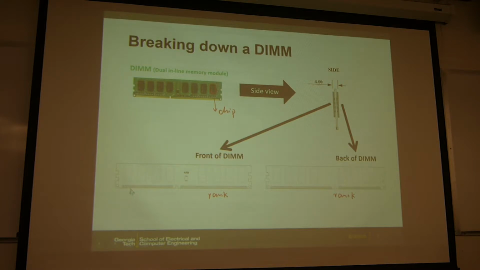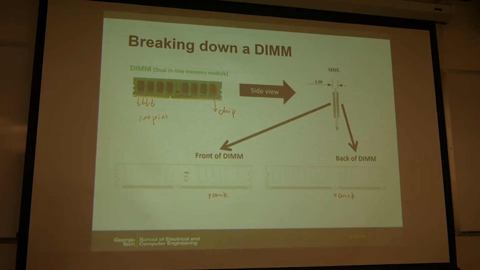Of course, on this rank you can see that there are pins. In this DIMM, there are many pins, for example, maybe 100 pins. Later you can see that more clearly. Each pin will conduct a signal. For example, if your channel is 64 bits, then you have at least 64 pins.